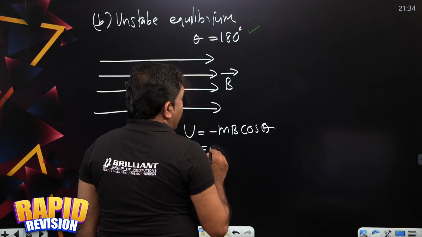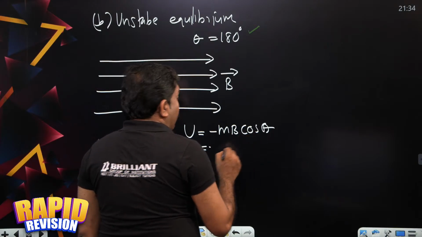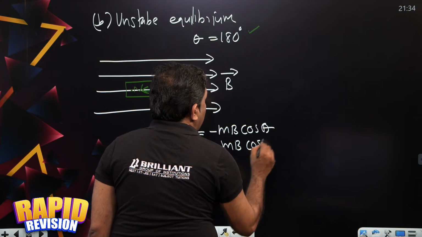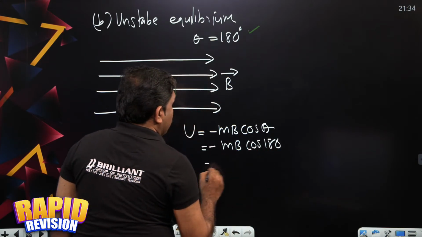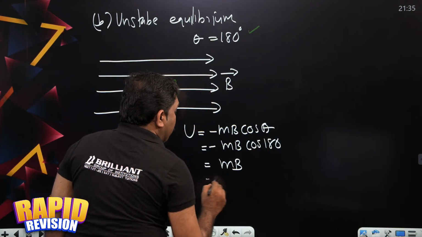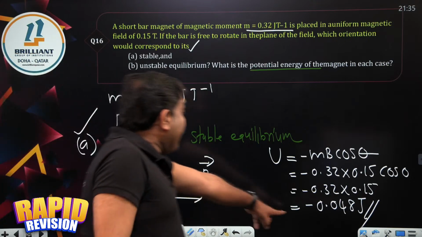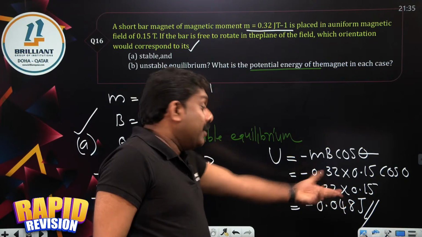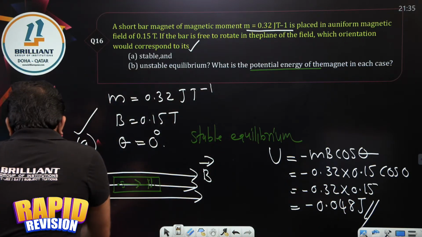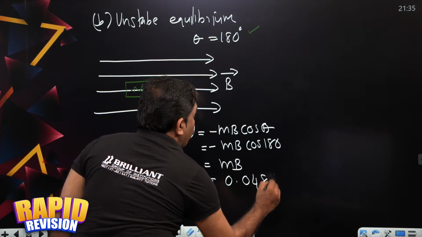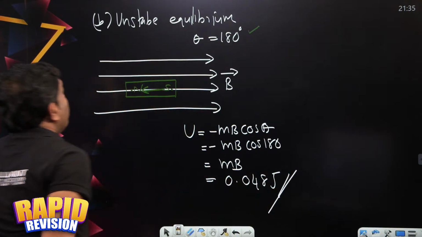So m value is there, theta value cos 180 here. So minus mB cos 180. Cos 180 is minus 1. So that is equal to mB. And this value we calculated just before. Minus of minus 0.048. So it's simply 0.048 joule is the potential energy.